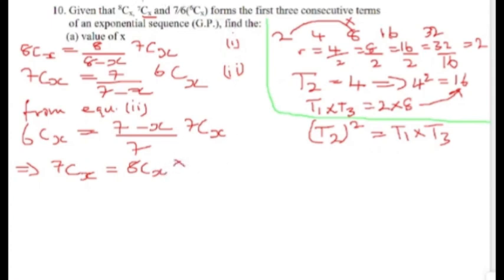So basically, this is my T2, this is T1, and this is T3. Okay, so this will be 7 over 6 combination x.